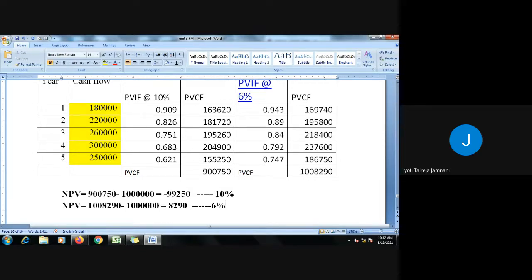Minus 1 plus 1, in between that is 0, right? Yes, ma'am. So same way, I want a minus NPV, I want a plus NPV. Maybe not minus 1 plus 1 I will get. Whatever amount. One should be minus negative NPV, one should be plus. Because in between minus and plus lies the 0. So that rate which will give us 0 is in between 10 and 6.